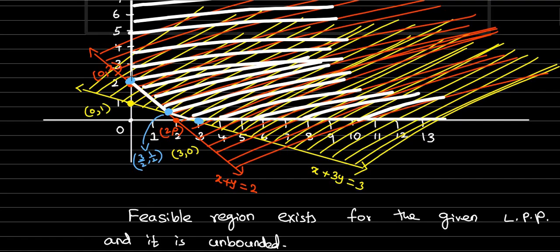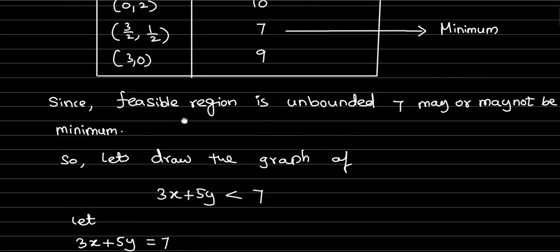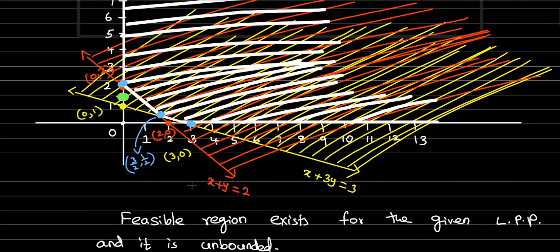If x is 0, it lies on the y-axis, somewhere here. The other point is (2.3, 0), which is somewhere here.